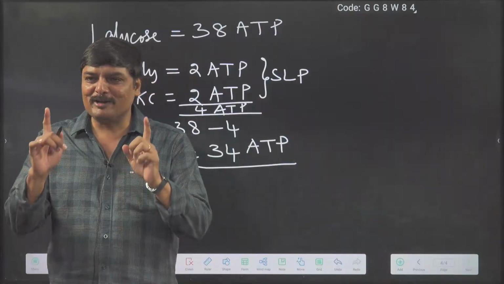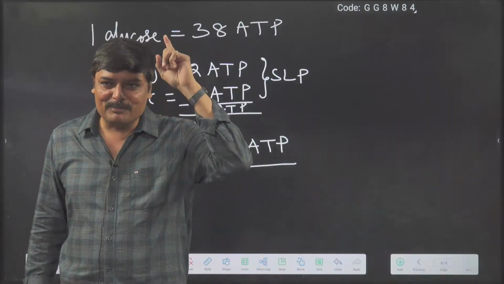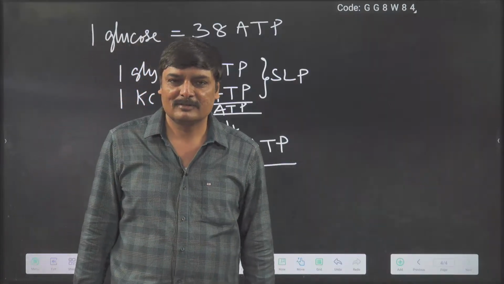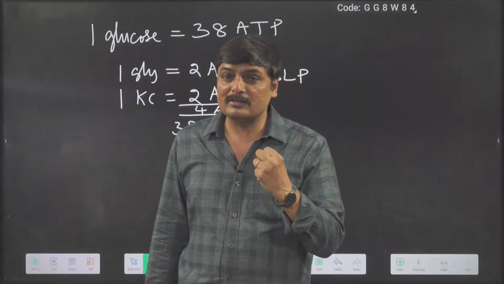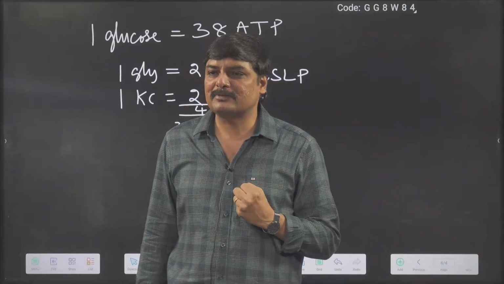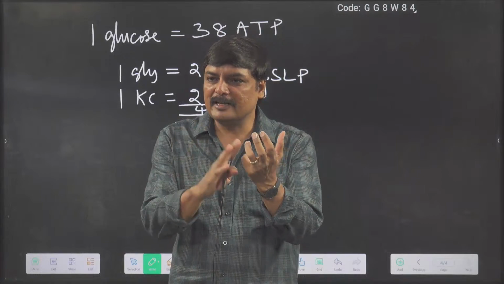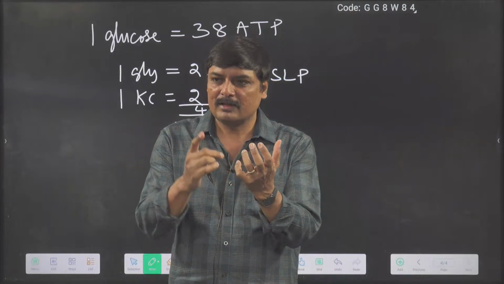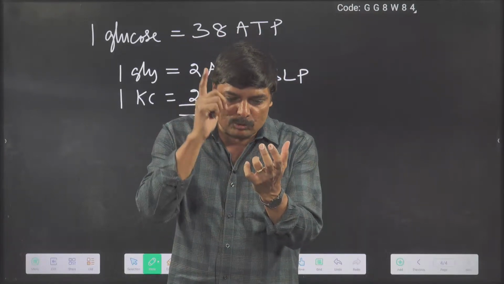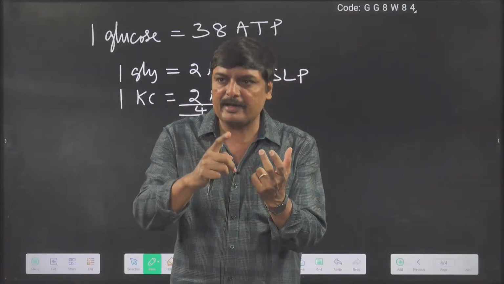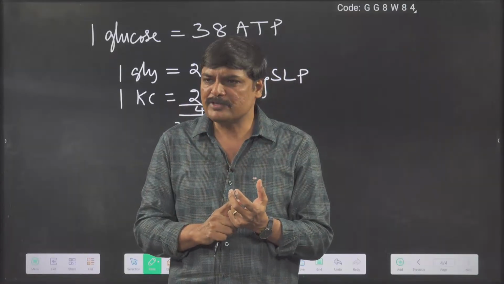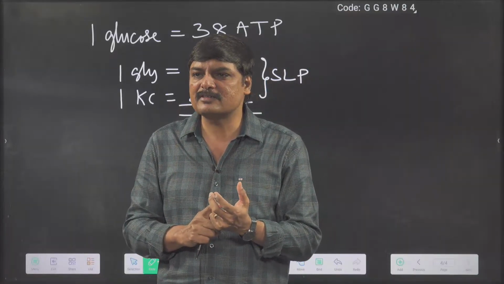And one more point to remember, we are talking about aerobic respiration. Can you see so far the role of oxygen in any step? In glycolysis, it is independent of oxygen. And you didn't see the role of oxygen in link reaction. Have you seen the usage of oxygen anywhere else?